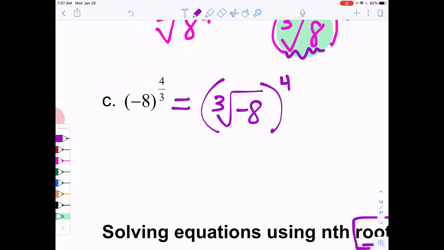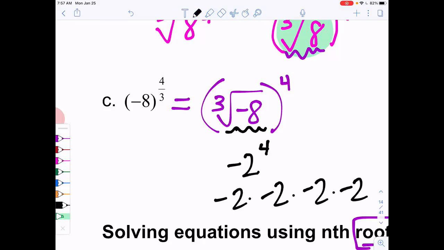So the 8 is negative, but not the exponent, so the -8 goes underneath. What is the cube root of -8, Faith? And then -2 to the 4th. Do you know what that is? Yeah. So you're taking -2, -2, -2, -2, which is 16. Questions?